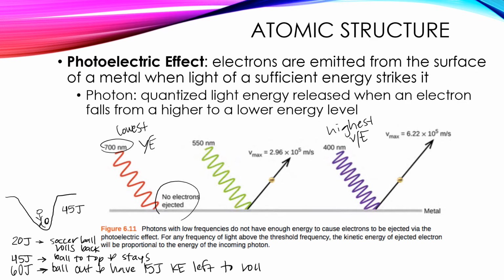That's like our first example of the soccer ball, where we hit it, but then didn't have enough to eject an electron. However, 550 nanometers and 400 hit it with enough for the electrons to then have kinetic energy when they are released.